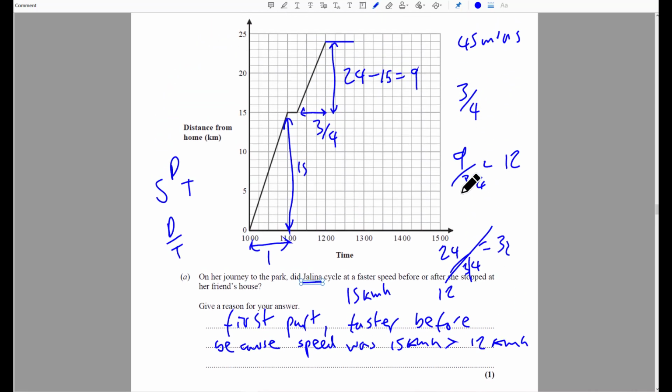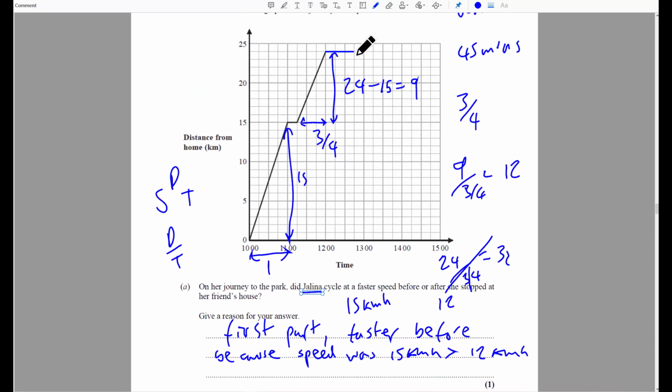So if that's at 24, it's 4 squares for an hour. So that's going to go down by 16. 24 minus 16 is, no, 24 minus 16 is 8, I mean. So that will be there.